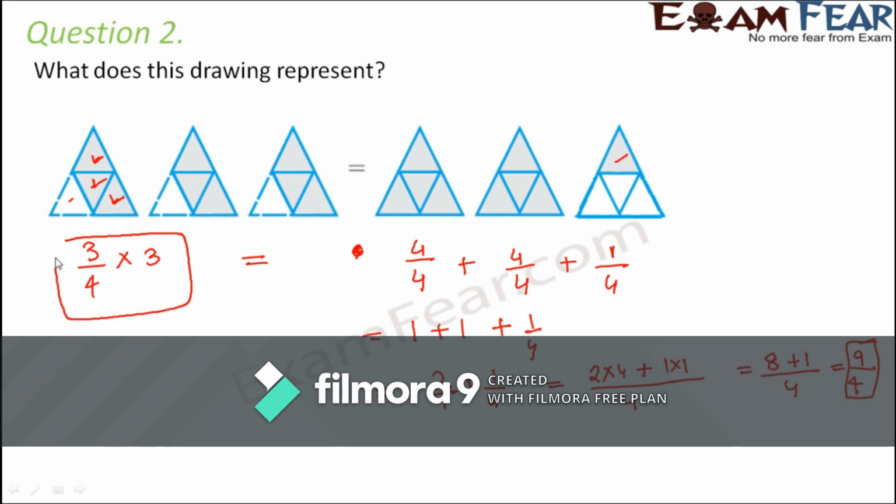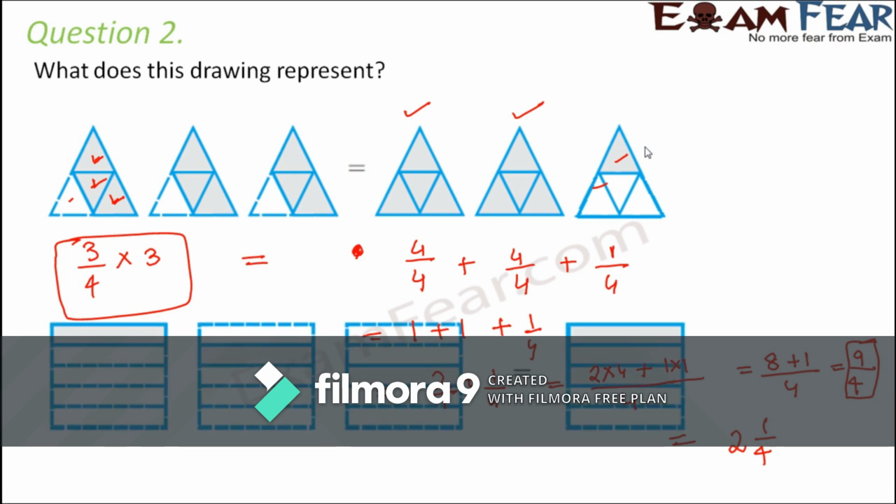This tells us that 3 times 3 by 4 is equal to 9 by 4. That is being represented by this drawing. And this 9 by 4, if you write it as a mixed fraction, it is 2 1 by 4. That means 2 triangles are completely shaded and the third triangle is shaded only 1 by 4.